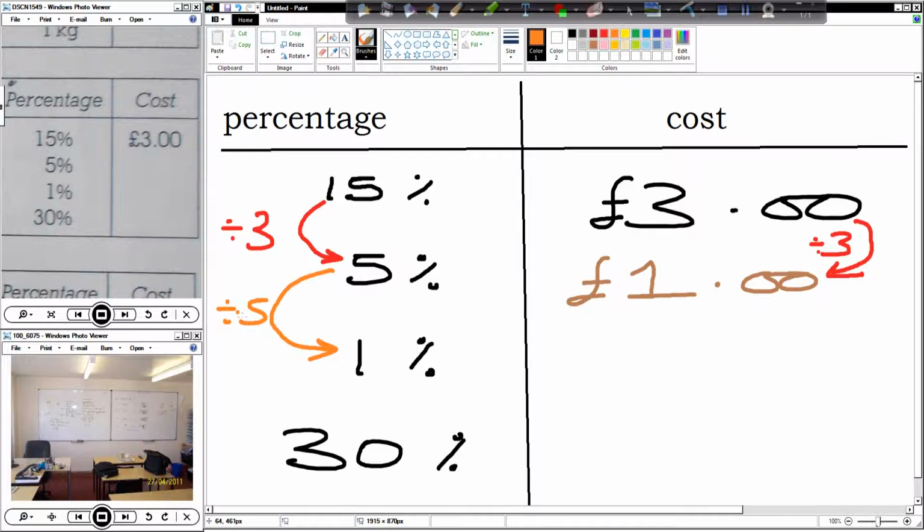So we choose the path, Ali, that suits us, the easiest one. So I'm going to divide that one by 5 as well. So £1 divided by 5 will give us what? £1 divided by 5 is 20 pence, or 0.20 in terms of pounds.